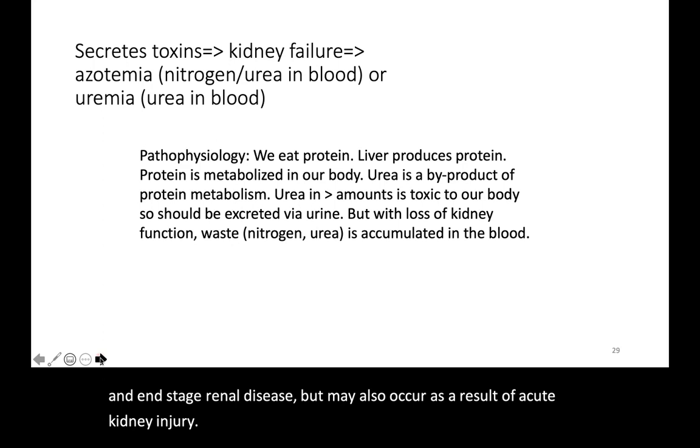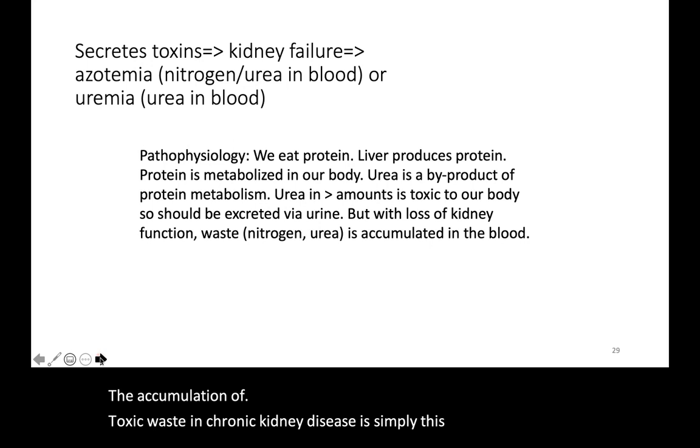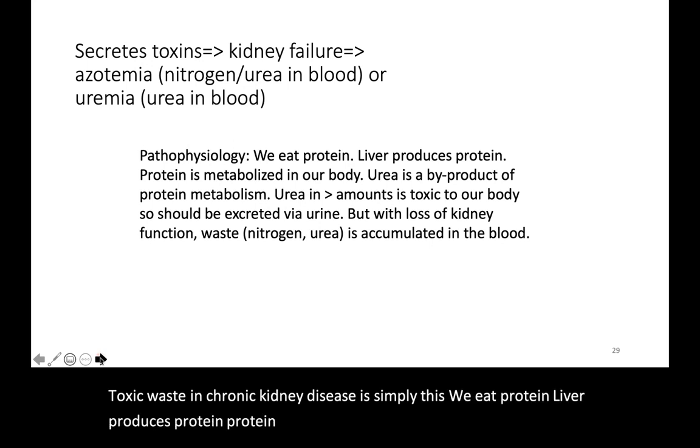So, the pathophysiology or pathogenesis of the accumulation of toxic waste in chronic kidney disease is simply this. We eat protein, liver produces protein, protein is metabolized in our body.